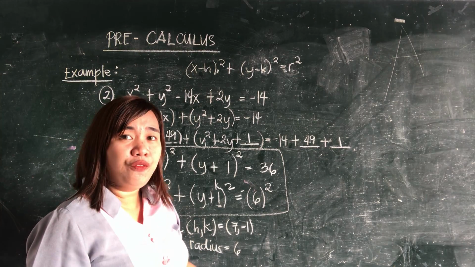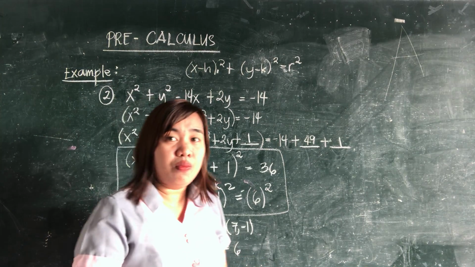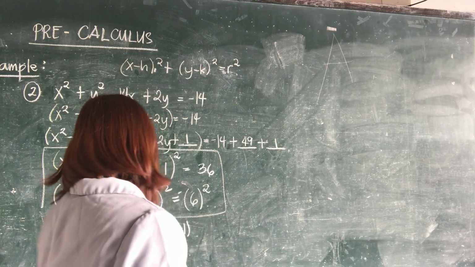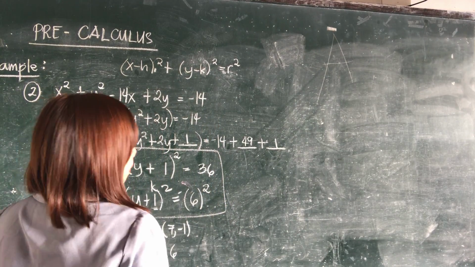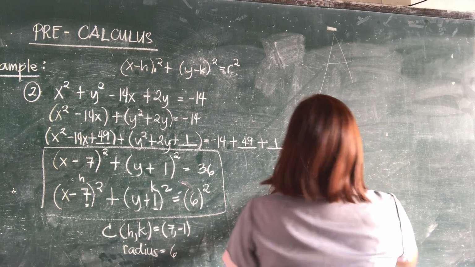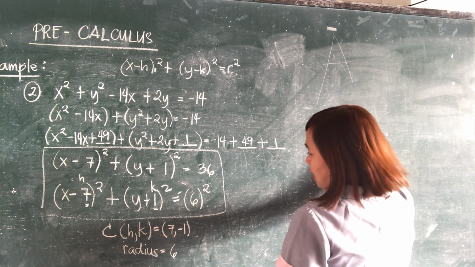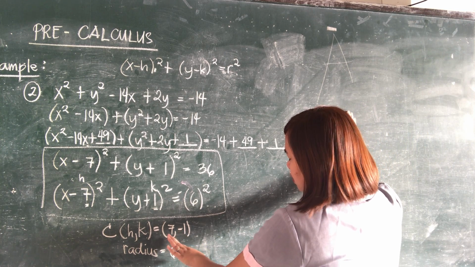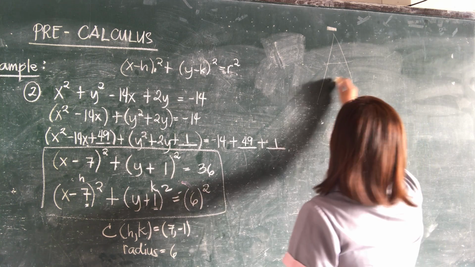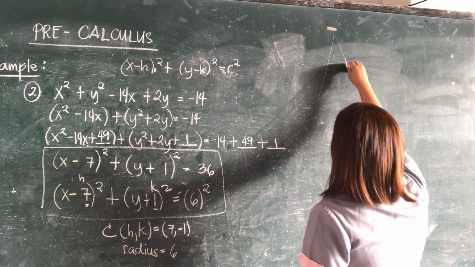So let us graph the circle. I-move ko muna ng konti para may space tayo. So to graph, let us draw the Cartesian plane first. So 7, negative 1, medyo mahaba-haba yan. 7 yung sa ating x value, tapos negative 1. So dito, try natin.